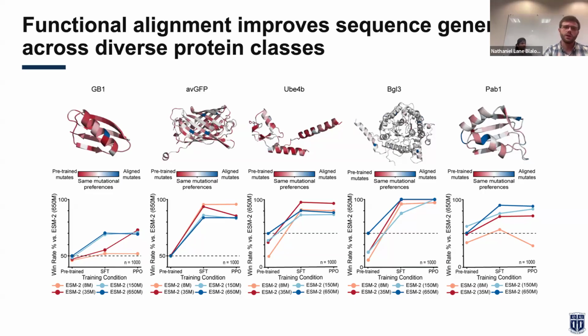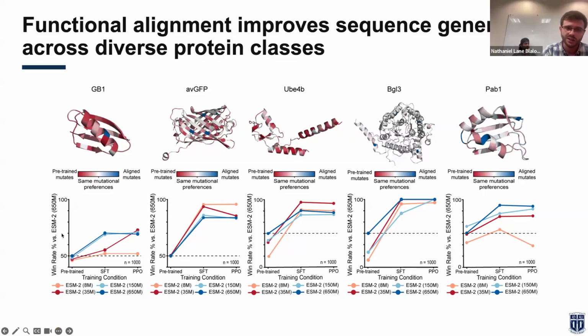And then on this row where we're showing these win rate plots, we evaluated the generative performance using a win rate metric. This is very common in natural language processing. What this means is it's the percentage of times a model generates a sequence with a higher predicted reward than a reference model.